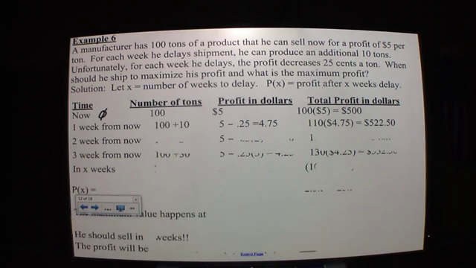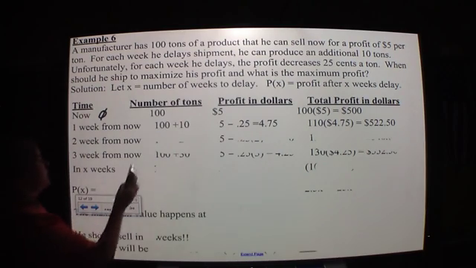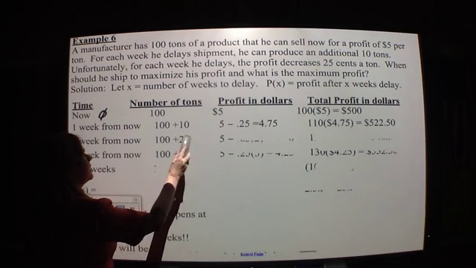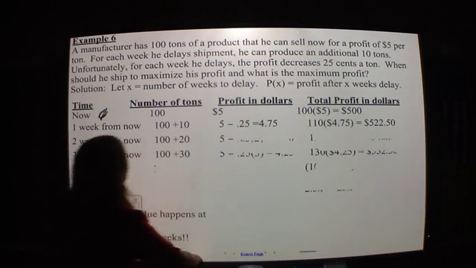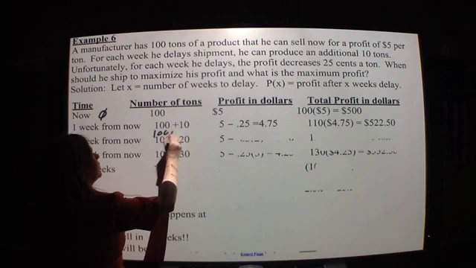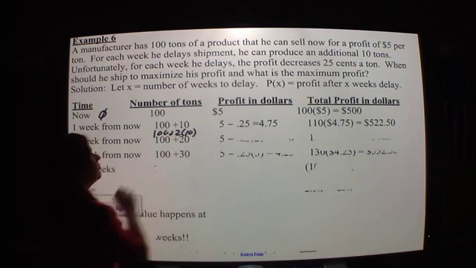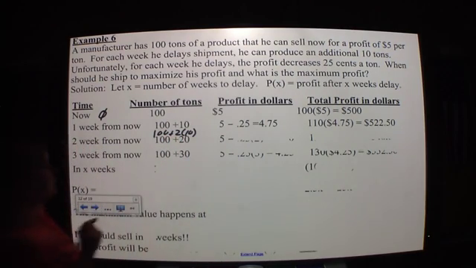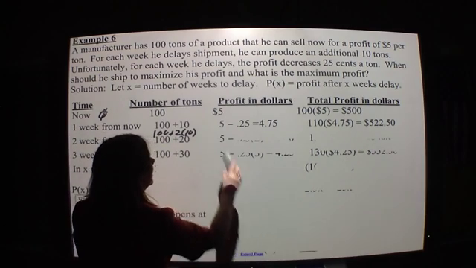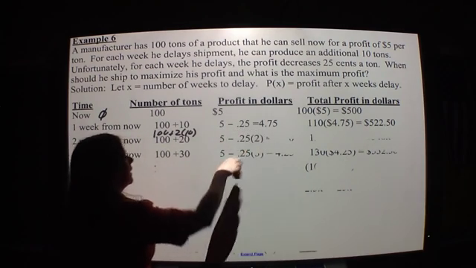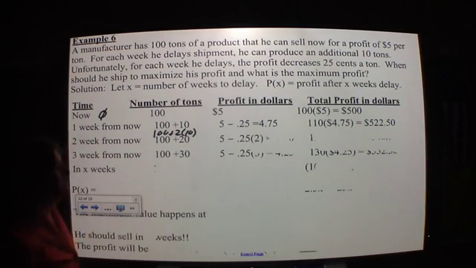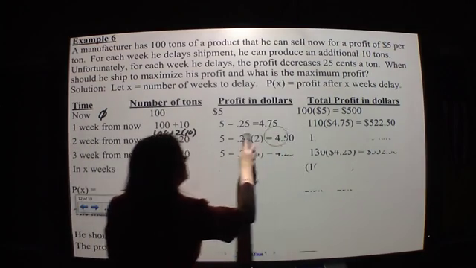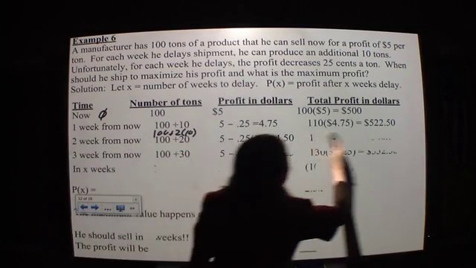And you can do that until you see a pattern. If you don't see a pattern yet, try 2 weeks from now. Let me write this differently. 100 plus 2 times 10. And my profit decreased by 2 times 25 cents, or 50 cents. And if I multiply, I have my new profit.